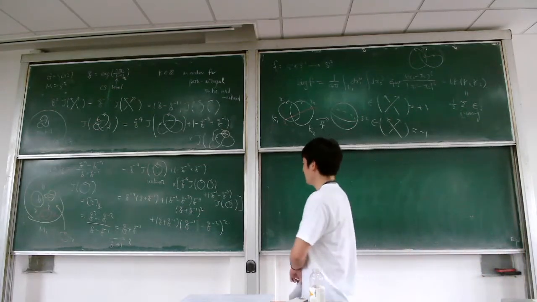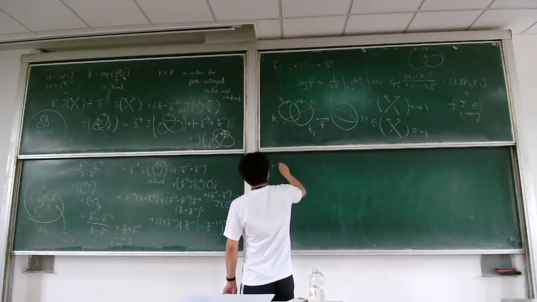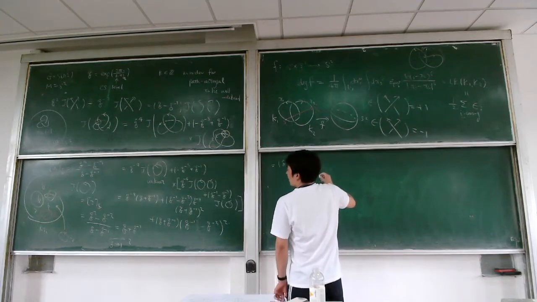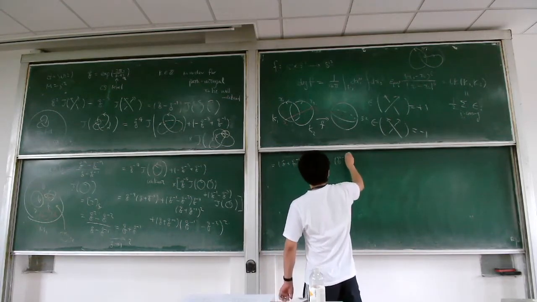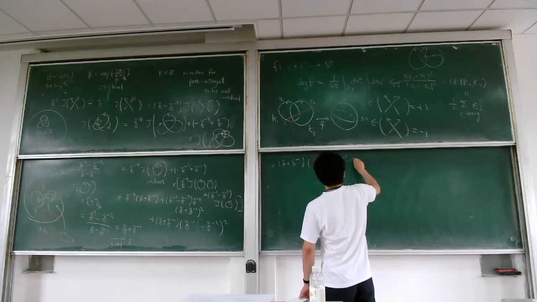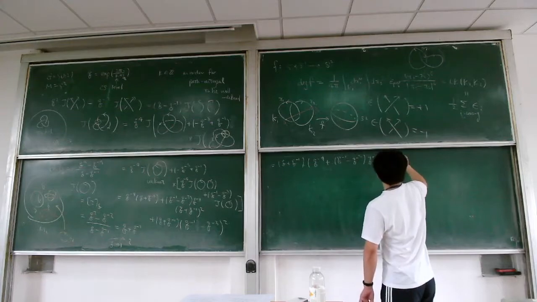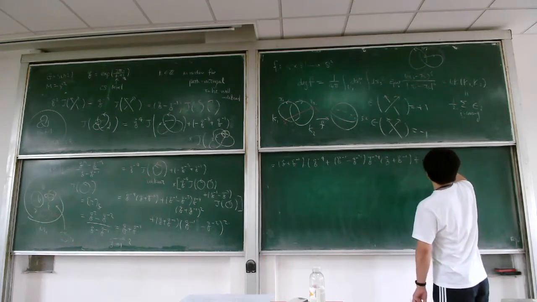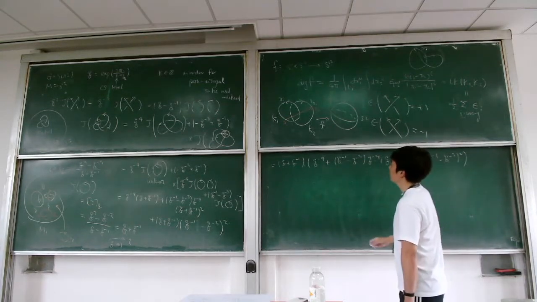And then this is equal to, let's see. This is equal to q plus q inverse, q to the minus 4 plus q inverse plus minus q to the minus third, q to the minus fourth, q plus q inverse, plus q inverse minus q to the minus 3. Okay?